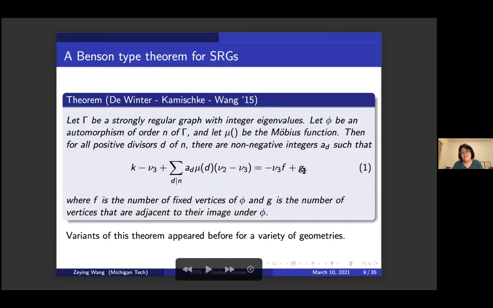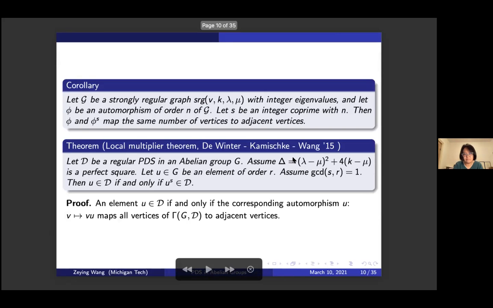And so of course then the G value is the same for phi and phi to the s. So that follows easily from equation 1. The only requirement is for s to be co-prime with n, because we want them to have the same number of fixed vertices, right?